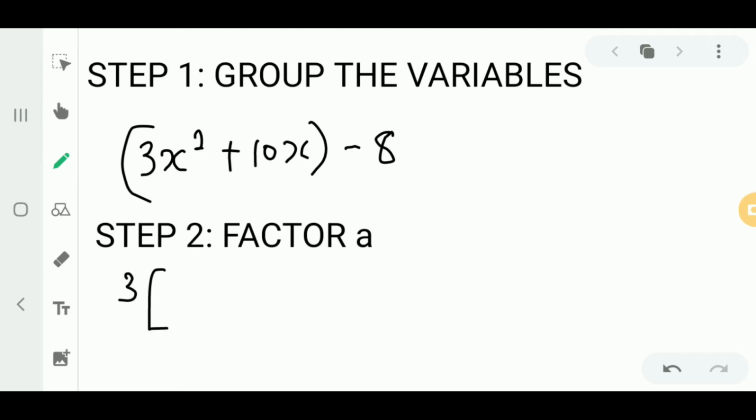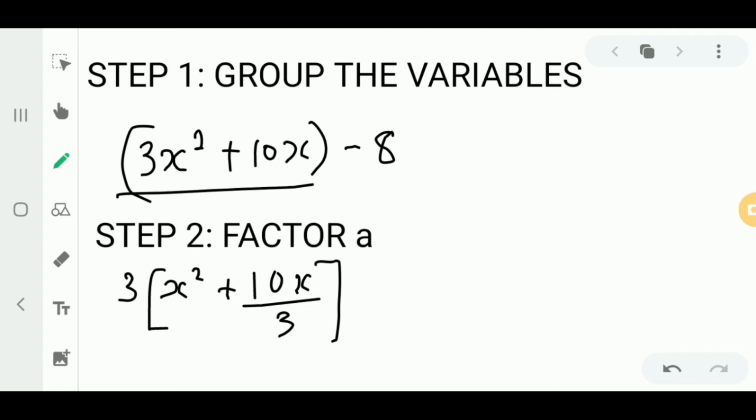Put the bracket here. Because we are factoring 3 from 3x squared, we have x squared left. If we are factoring 3 from the 10x, that's basically saying that we have 10x over 3. Because if you multiply this bracket out using distributive law, you'll get back what you started with. Then you have minus 8 on the outside.